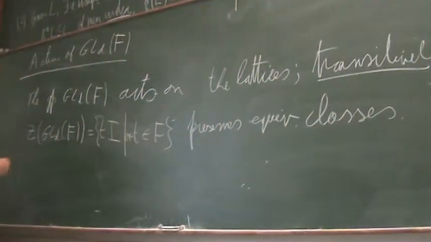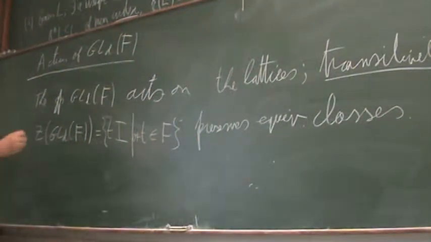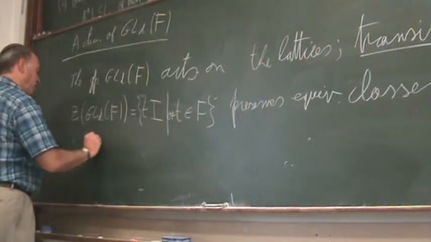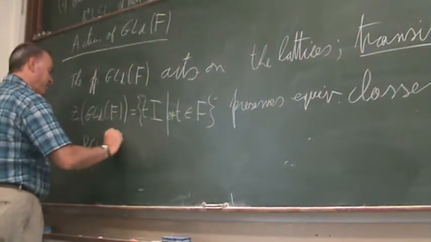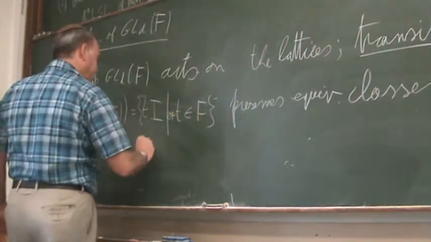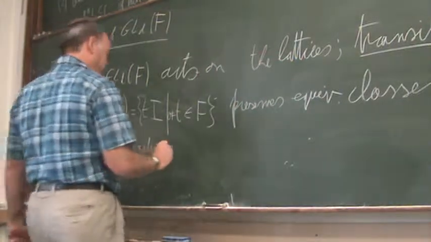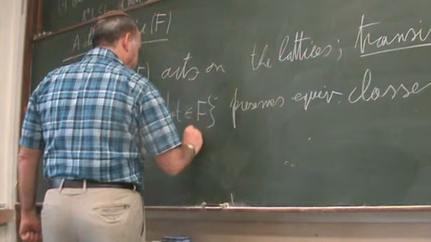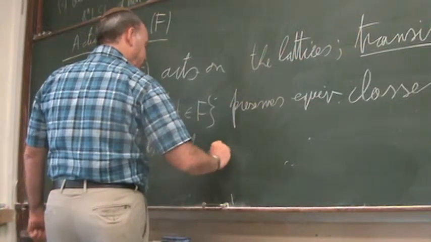It just takes a lattice and multiplies it by t, and therefore the quotient group PGL_d(F) acts on the vertices, on the equivalent classes.